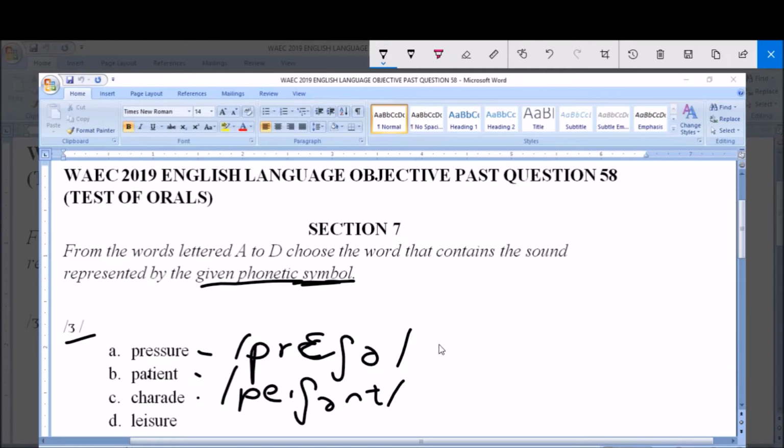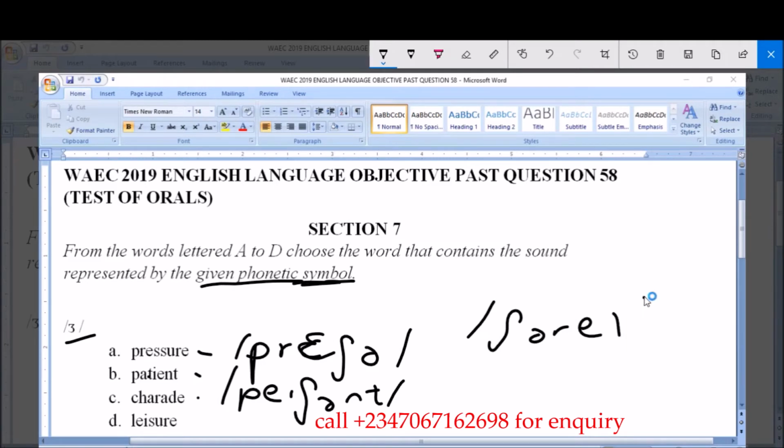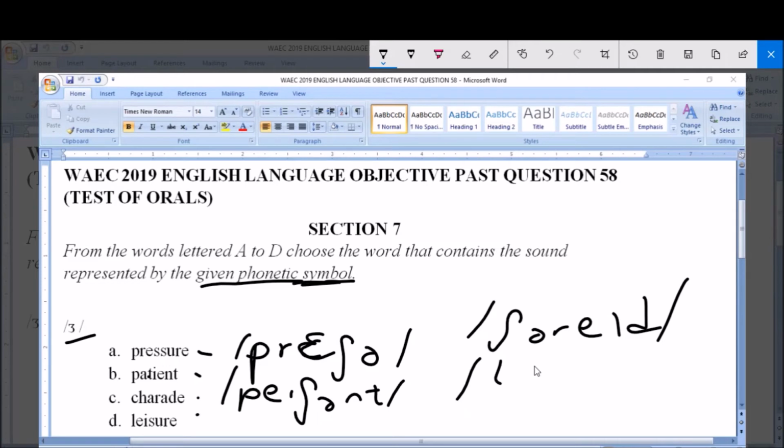Option C, charade, is transcribed this way: charade. And option D, leisure, is transcribed this way.